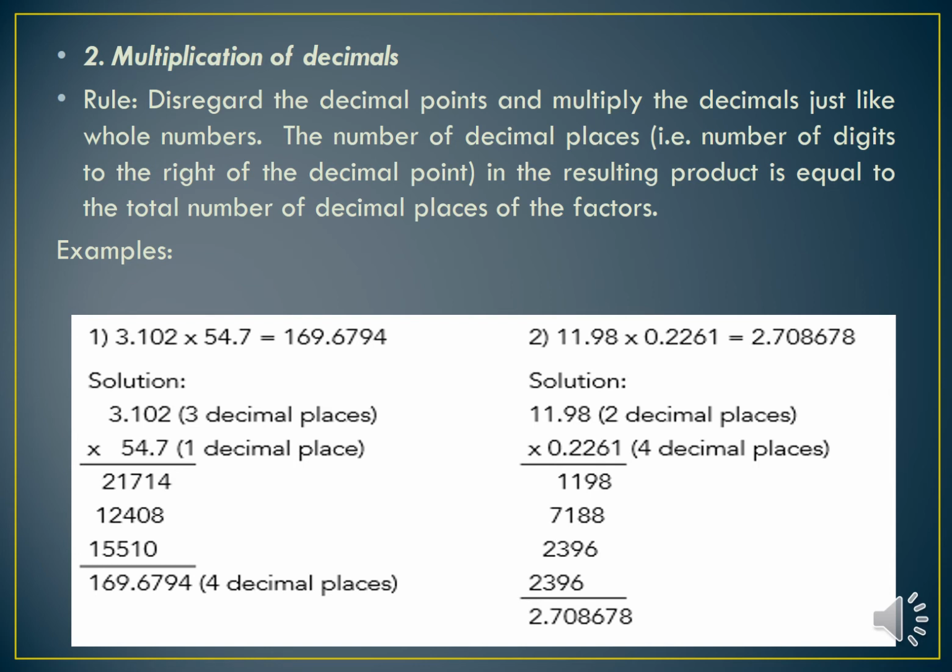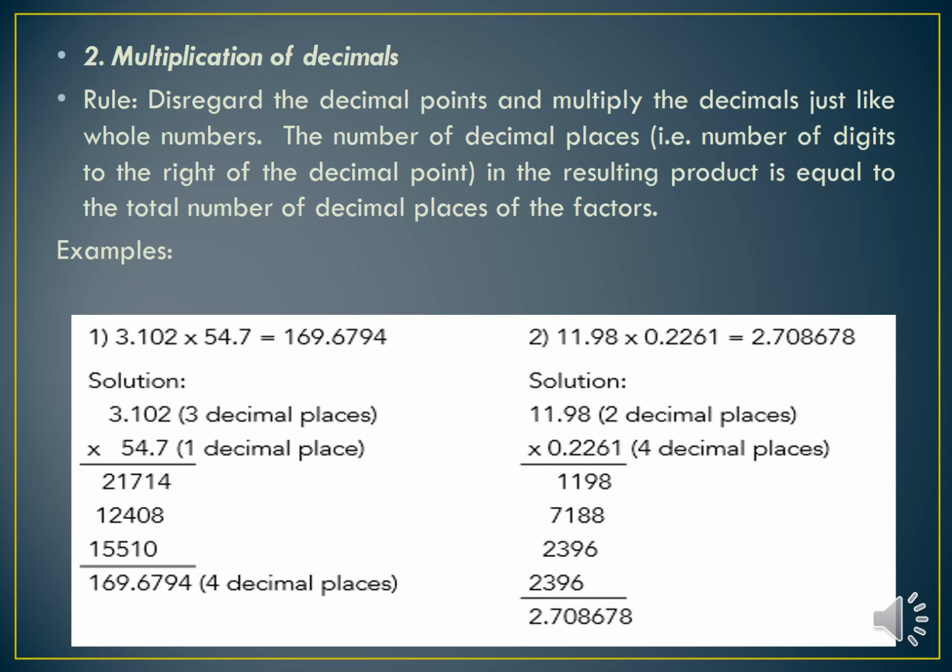So disregard first the decimal point. If you are going to multiply it, look at the solution. The first has 3 decimal places, and the second has only 1 decimal place.